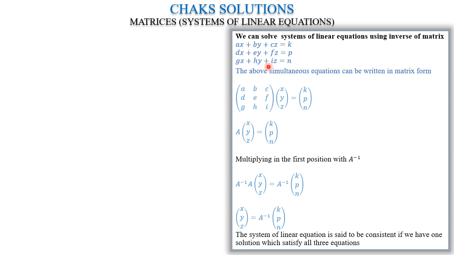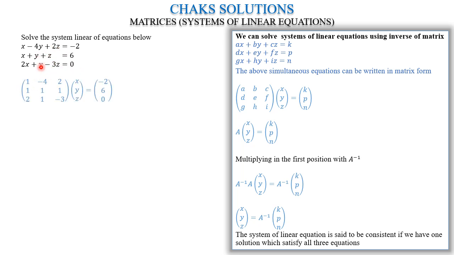Right, so let's go to our example here. Solve the systems of linear equations below. These are the three equations that we have. The first thing is to write our equations in matrix form. So it's 1 minus 4 2, 1 1 1, 2 1 minus 3, times xyz, equals minus 2 6 0.